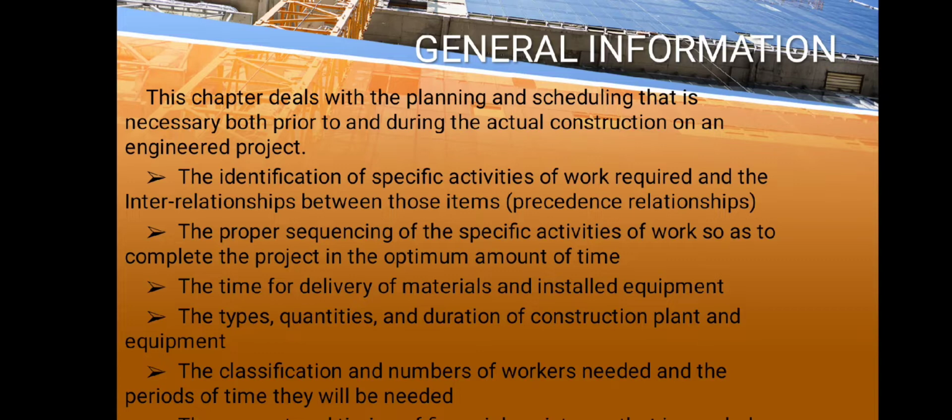Number three, the time for delivery of materials and installed equipment. Number four, the types, quantities and duration of construction plant and equipment. Number five, the classification and number of workers needed and the period of time they will be needed. Number six, the amount and time of financial assistance that is needed.